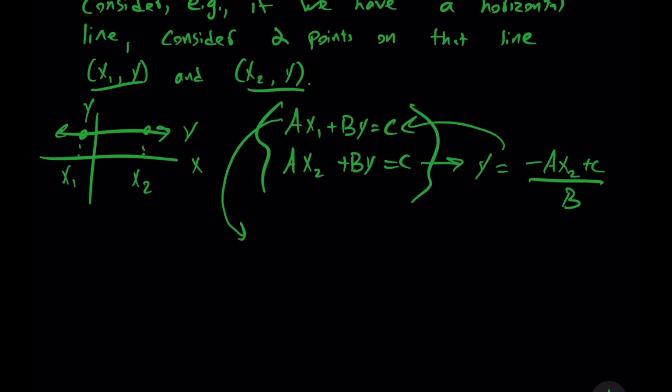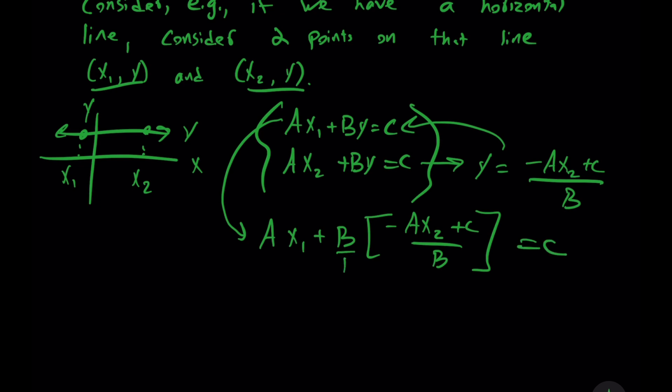And so we get a times x sub 1 plus b times the quantity, negative ax sub 2 plus c over b is equal to c. Notice that b is over 1, so the b's drop out there. So then we get a times x sub 1 minus ax sub 2 plus c is equal to c. Well, the c's drop out.